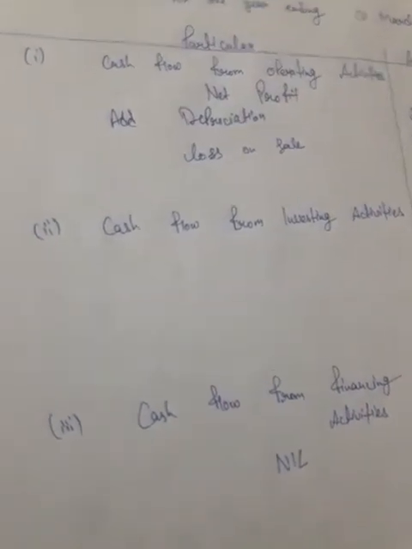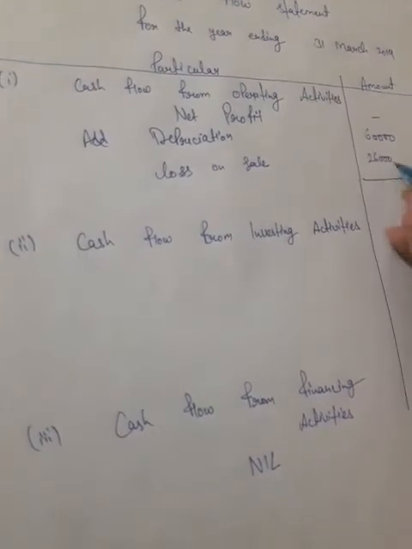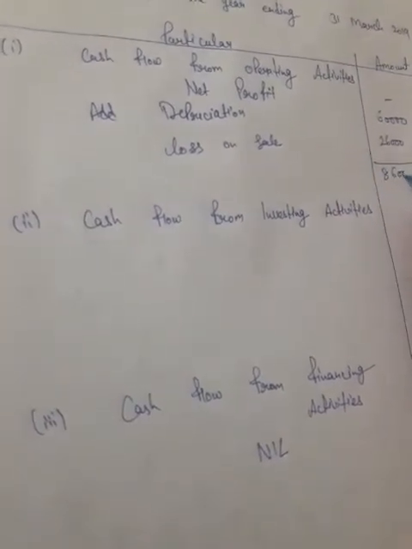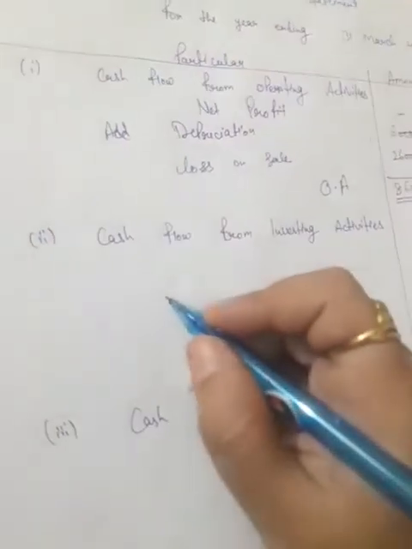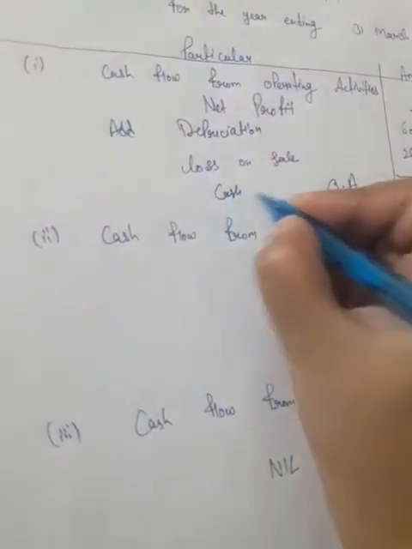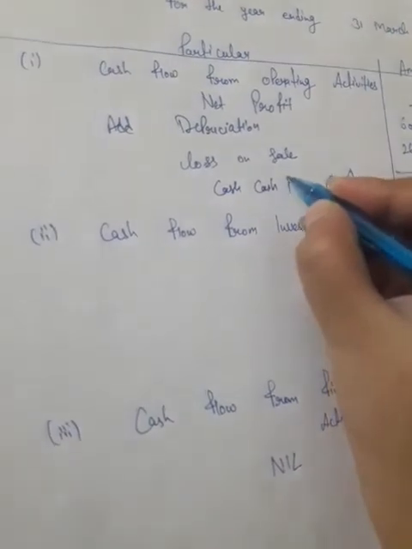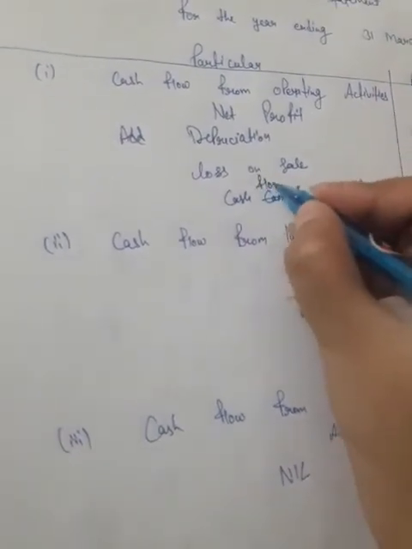There is no other information related to operating activity, so 86,000 rupees are related to operating activities. Net cash from operating activity.